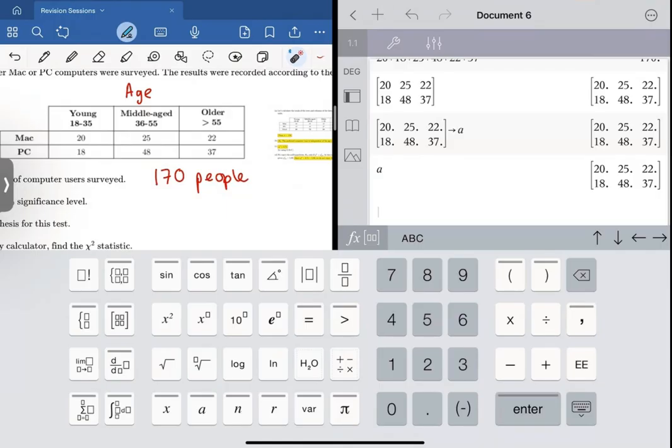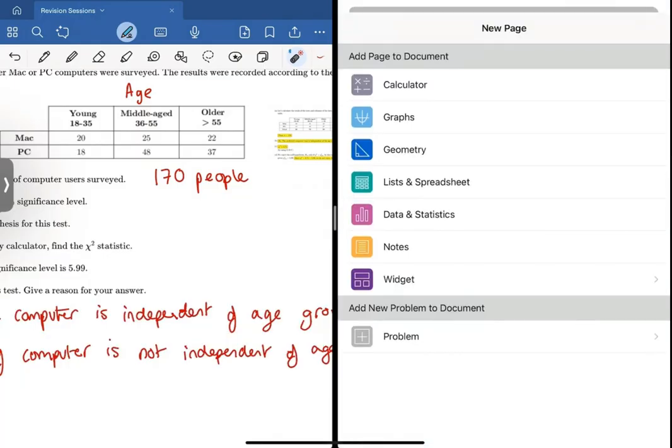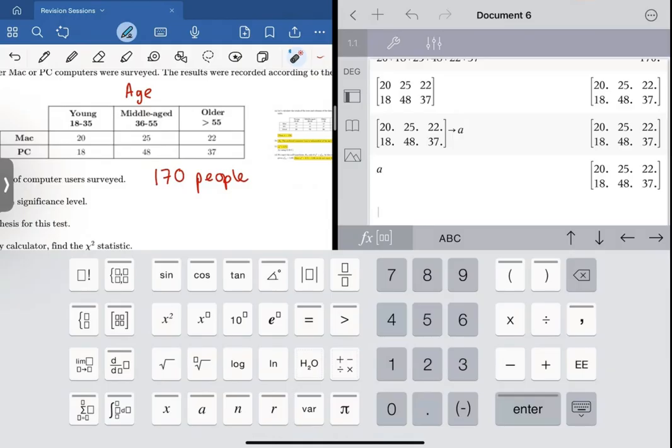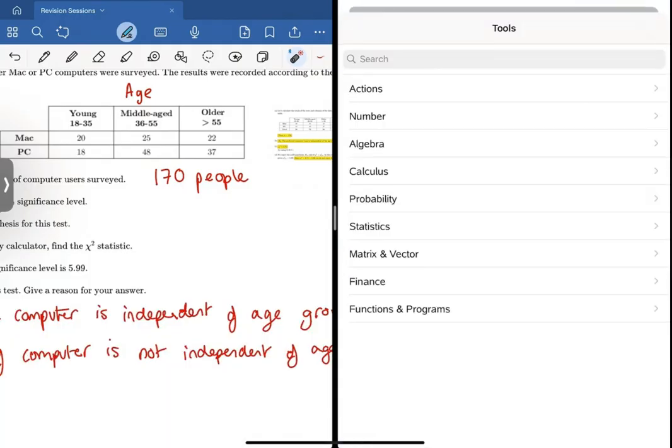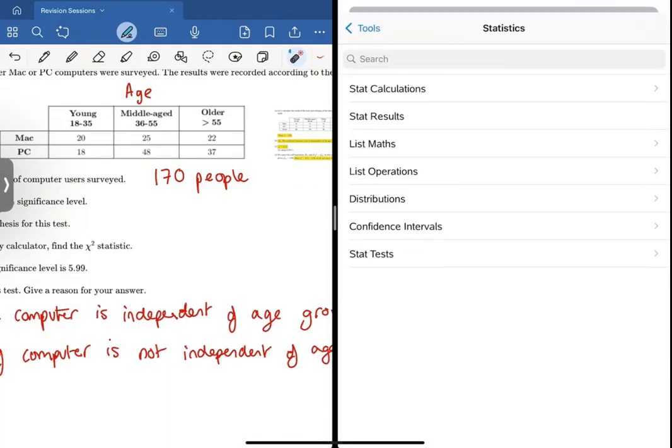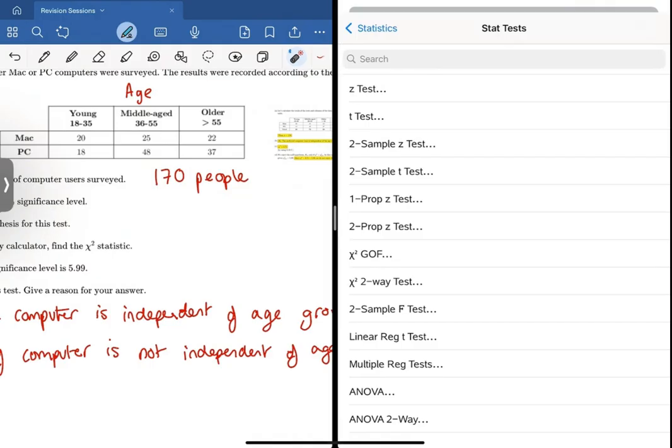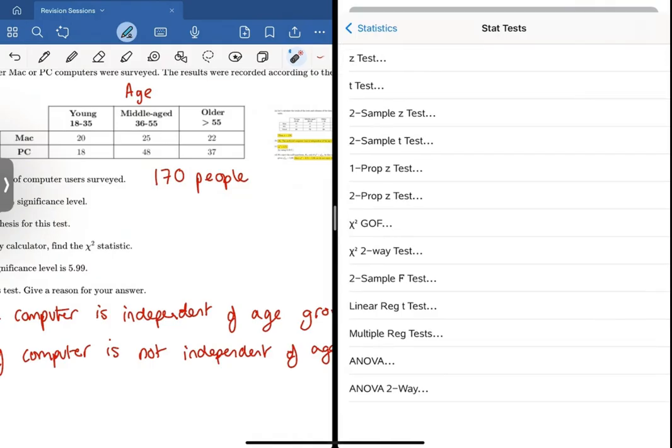Okay, so I'm ready to do my test statistic now. I'm going to go to data and statistics. Sorry, I keep pressing the wrong one. We're going to go to statistics, stats tests, and we're going to go to not the goodness of fit, but a chi-squared 2-way test, this option here.